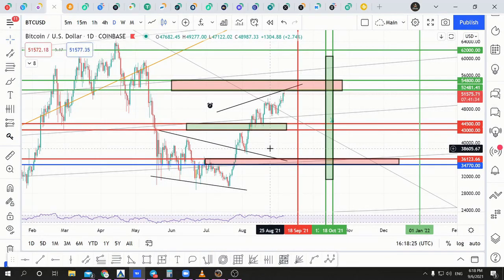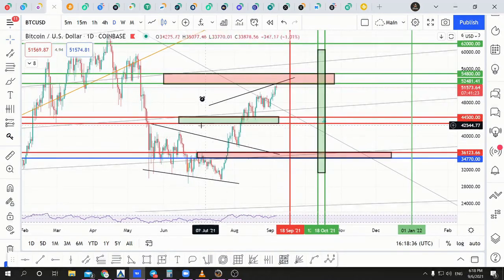This previously was a resistance. Now it can become a support if we retrace to those areas. And the next area I'll be watching, if we break this area, is between 34.7 and 36. This also is a very powerful support.